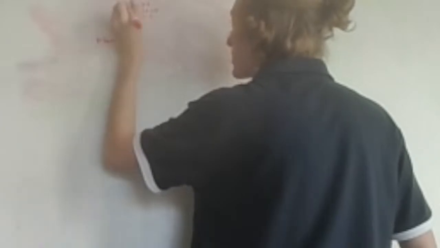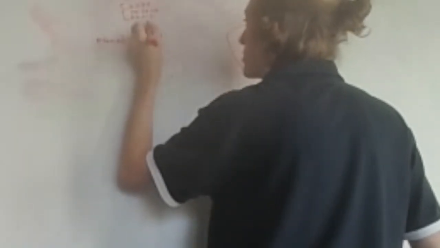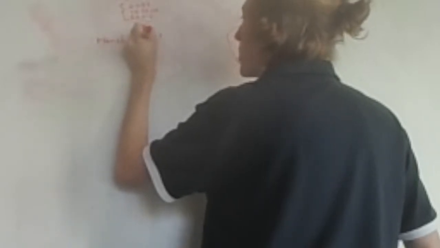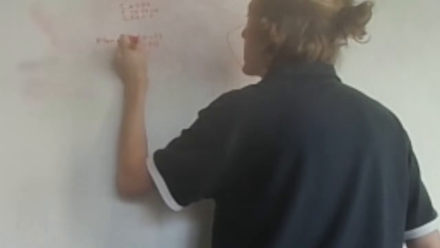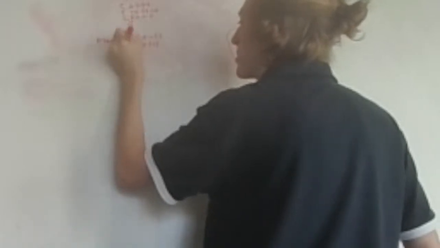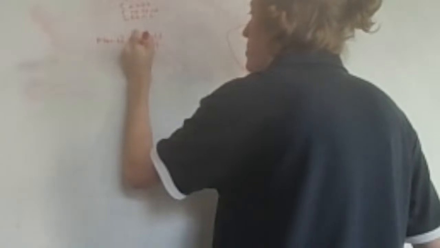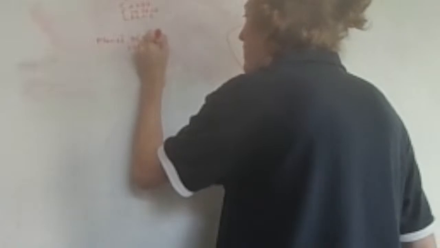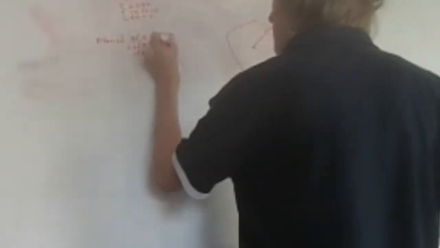So I'm going to say 4 times x minus 1, and then 2 times y plus 2, and then -1 times z minus 5. I think that's how planes work. Then this is equal to 0.